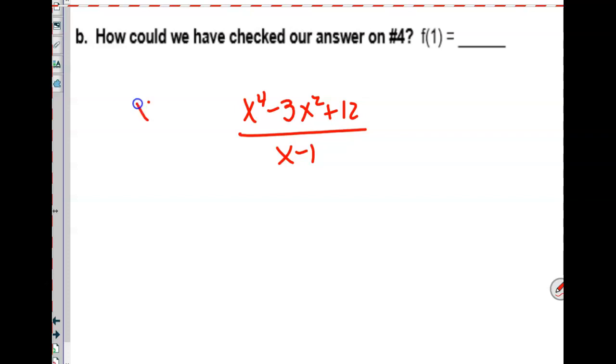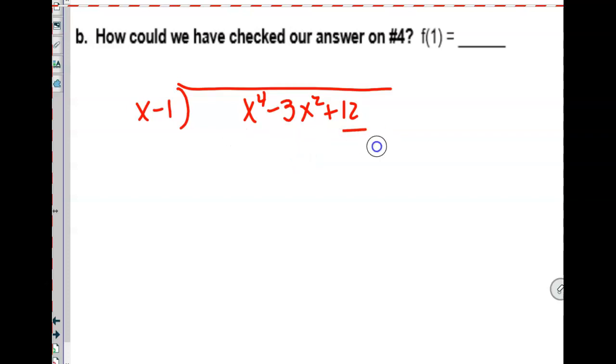Okay, so the question is how to check our answer besides doing the division. Anybody know? We could do synthetic, which may be what we did the first time. But what would be the option besides doing synthetic?